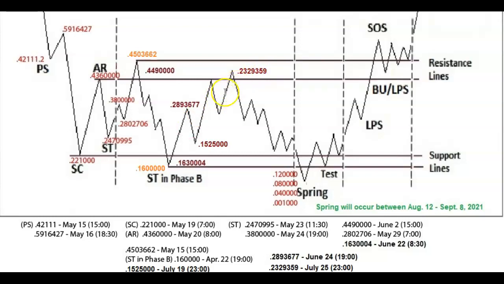But what I'm saying is it's not following this method in the sense that it's falling within these parameter lines anymore. It's actually changed the whole trajectory of where Doge is heading and how much lower this could actually go once it actually hits the spring down here, because now the top resistance line is only 0.232939 or 359, where it should have been around 40 cents.